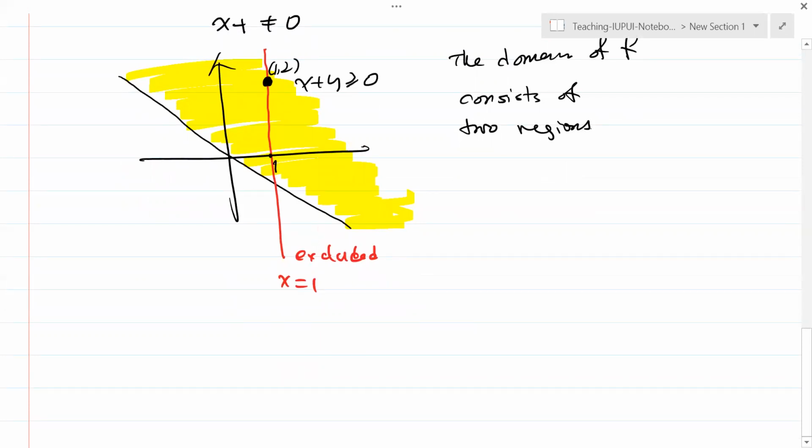Let's find another problem from the exercise. Okay, let's look at the next problem. So f(x, y) is going to be 1 plus the square root of 4 minus y squared.